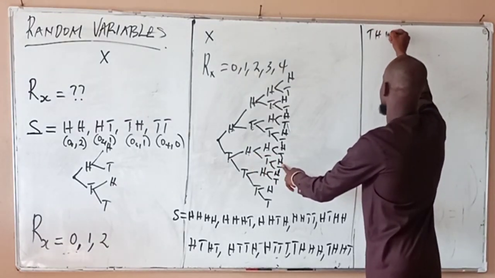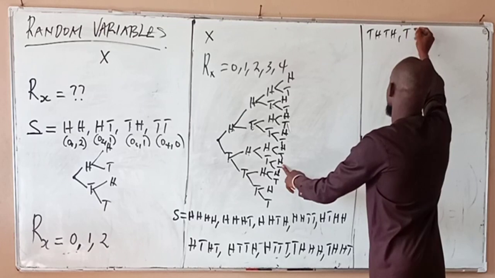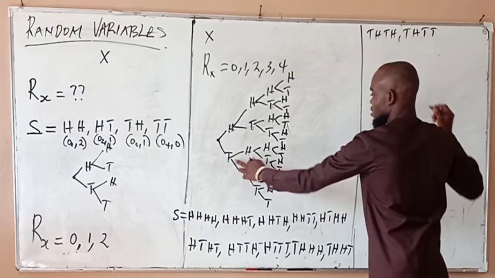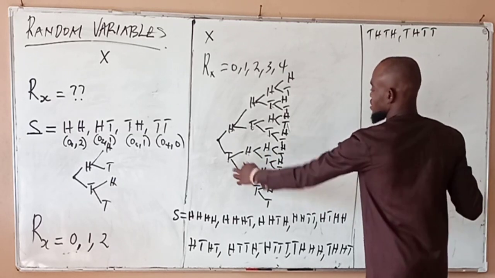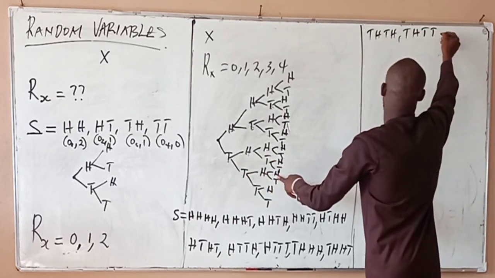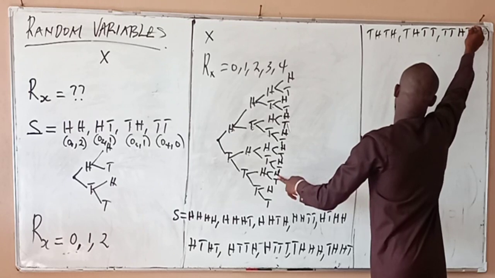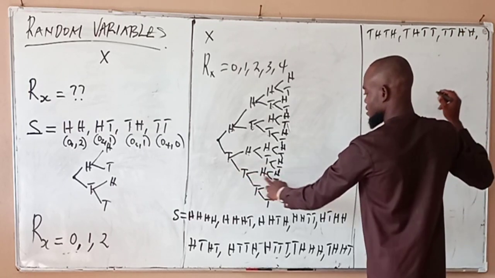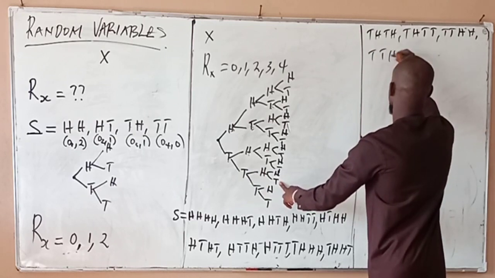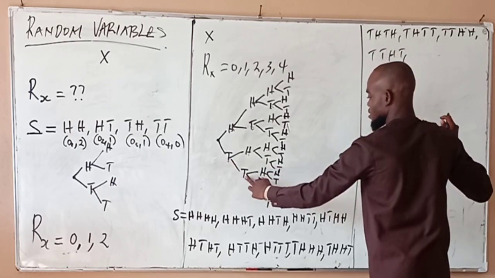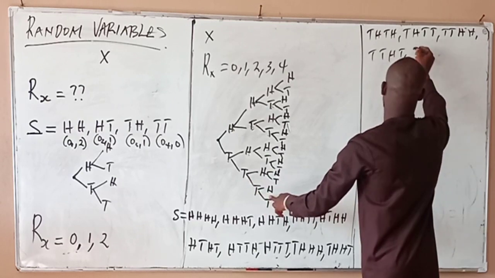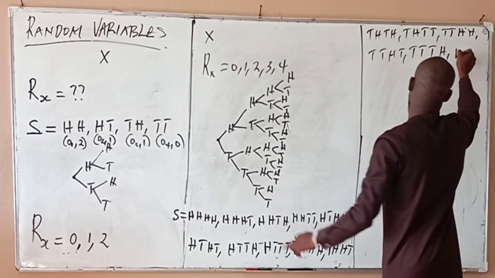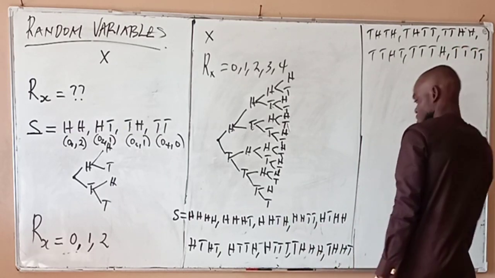You have T, head, T, T. You have T, T, head, head. You have T, T, head, T. You have T, T, T, head. You have T, T, T, T. That's what we have.